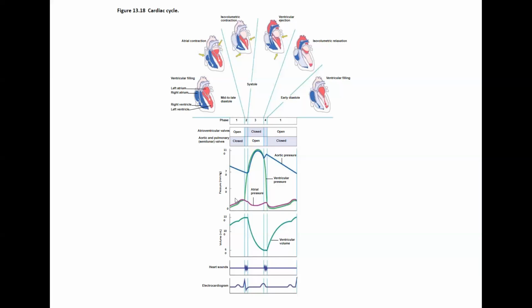So this is why we see blood flowing into the ventricles. During phase 2, we see that the ventricular pressure shoots up. All those valves are closed. Because they're closed, we don't have backflow of blood into the atria, even though that pressure is going down a bit.